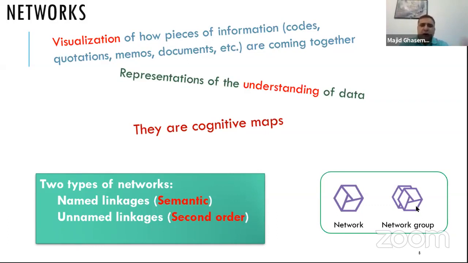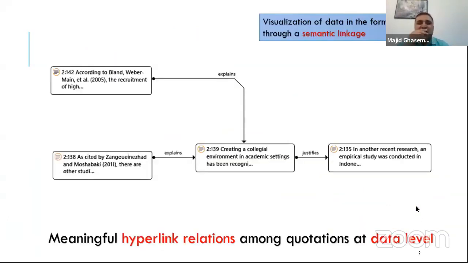All right, now let's have a look at a few networks here. As you can remember, there are 4 quotations here. They are quotations. Why? Because this circle is indicating that this is a quotation within a textual document. And in this network, as you can see, the linkages are named.